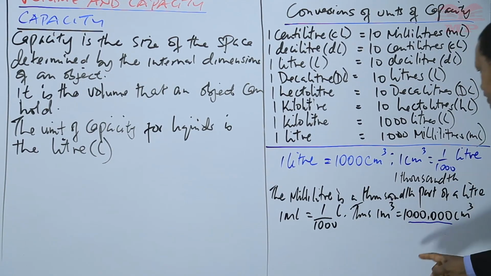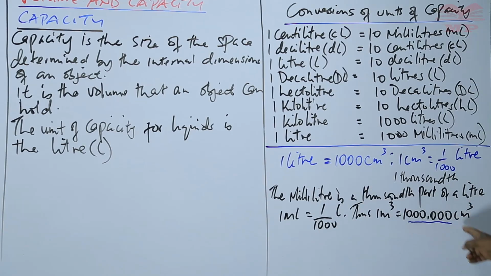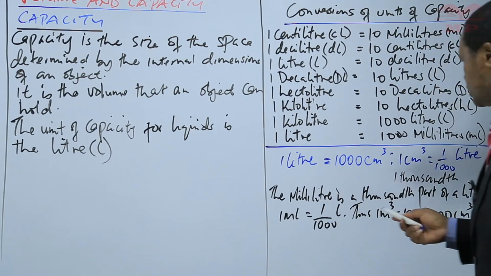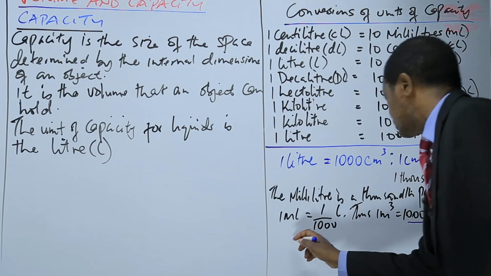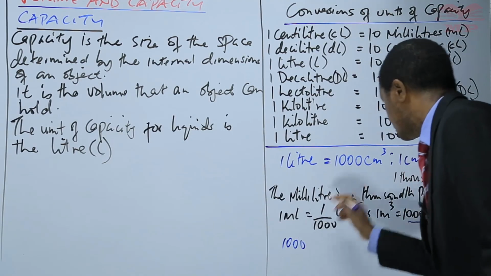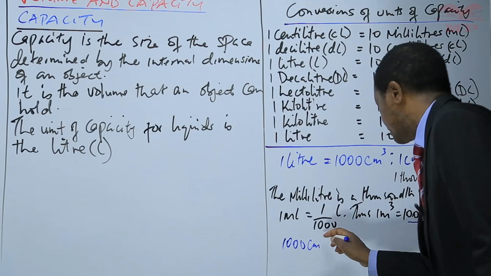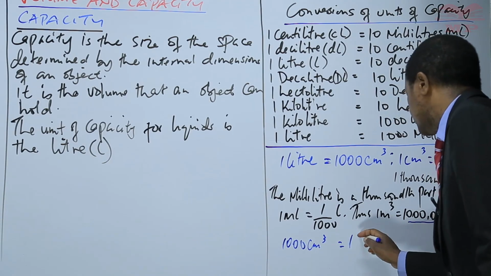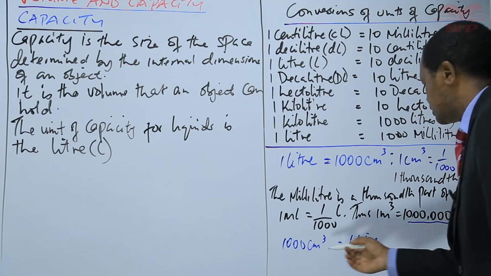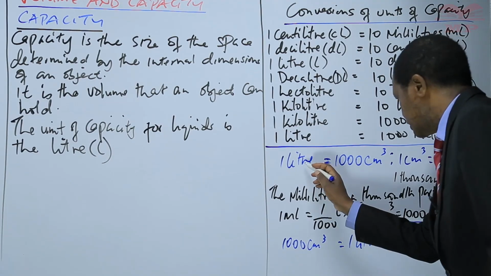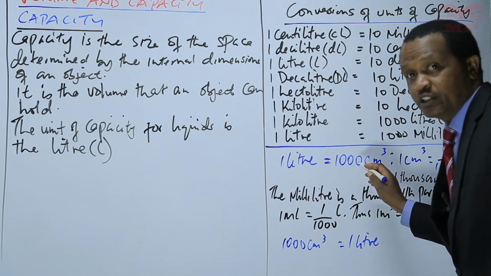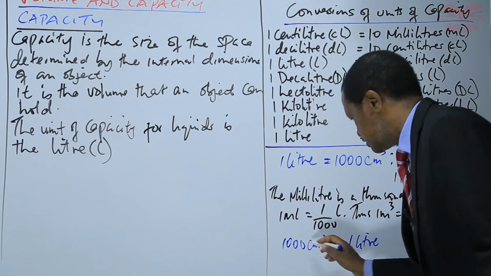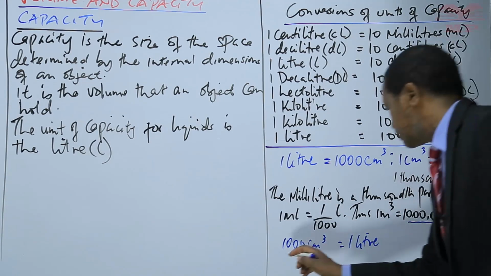So we know here that 1,000 cubic centimeters is equivalent to 1 liter. 1 liter is equal to 1,000 cubic centimeters. In other words, 1,000 cubic centimeters is equal to 1 liter.